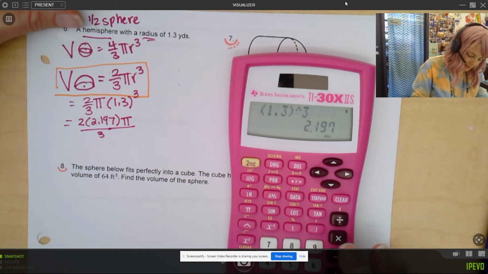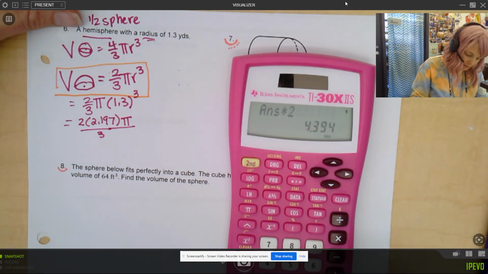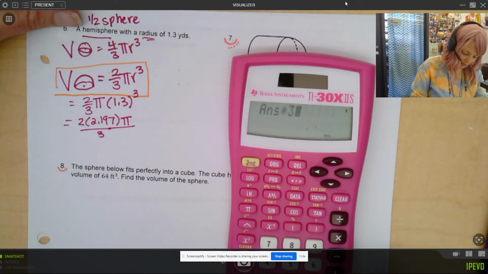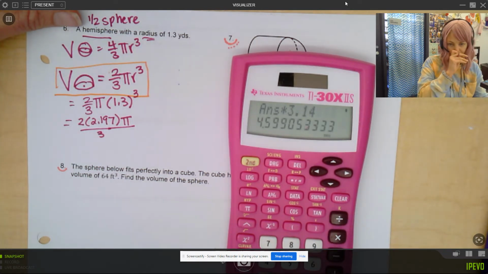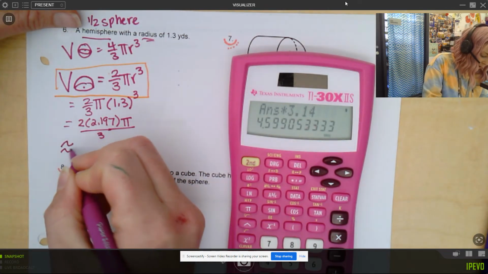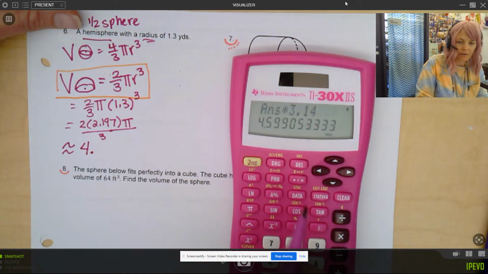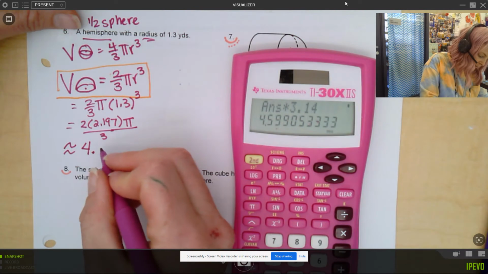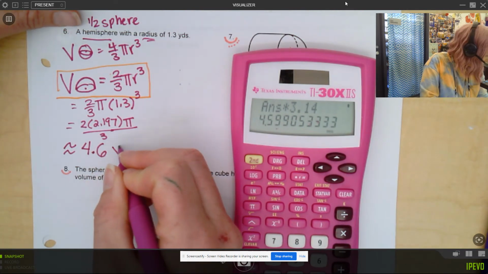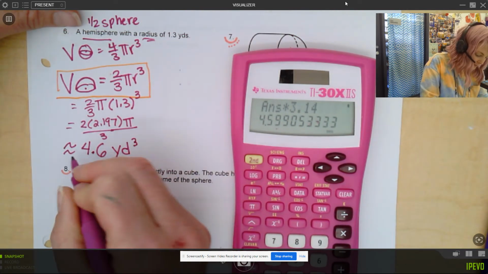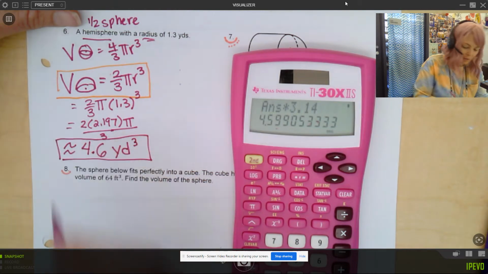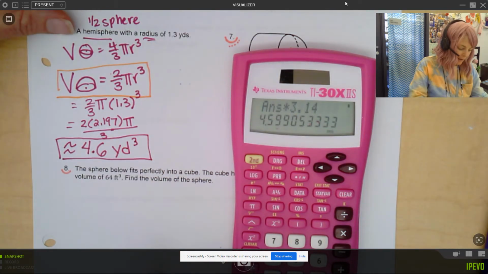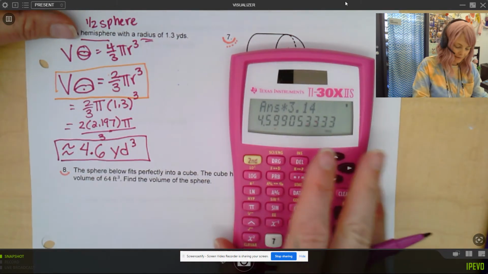So from 2.197, I'm going to multiply that by 2, divide that by 3, and multiply that by 3.14. And we get approximately 4, remember we're rounding to nearest tenths. There's a 9 next door in the hundredths. So this is approximately 4.6 cubic yards. Make sure you're using that approximate symbol and make sure you are boxing your final answer.